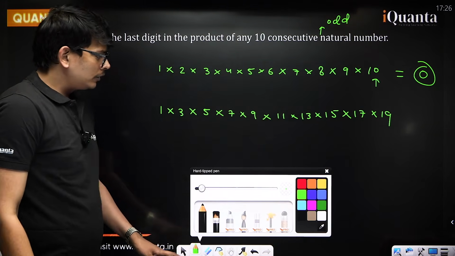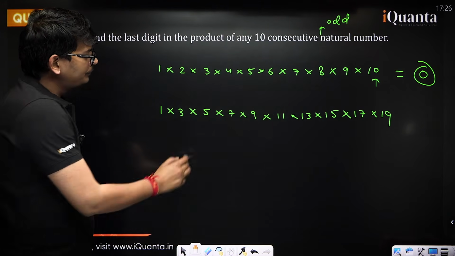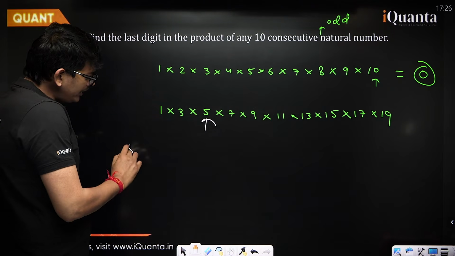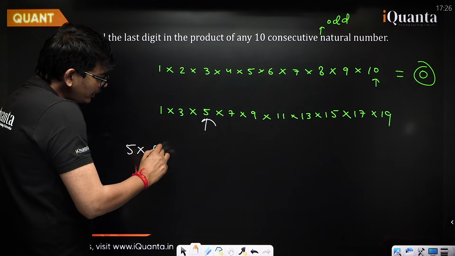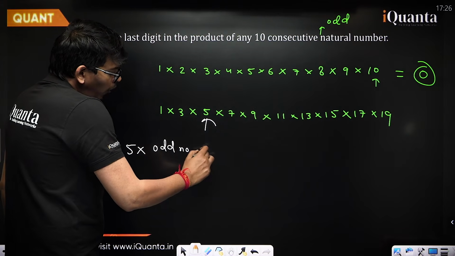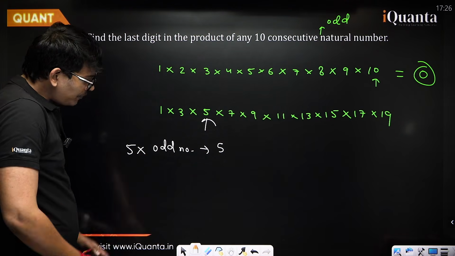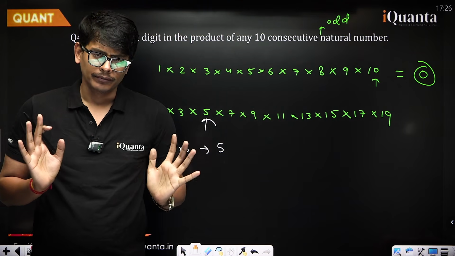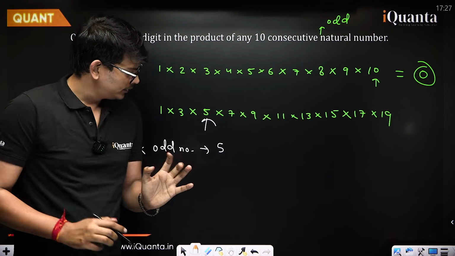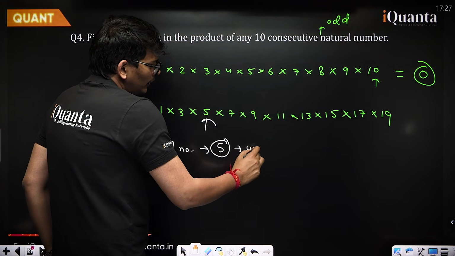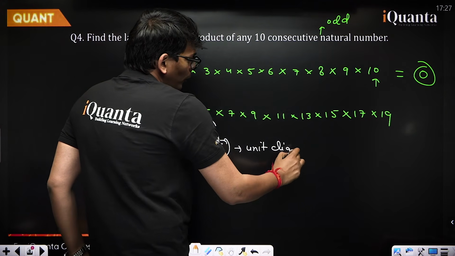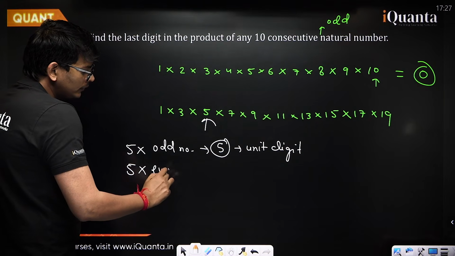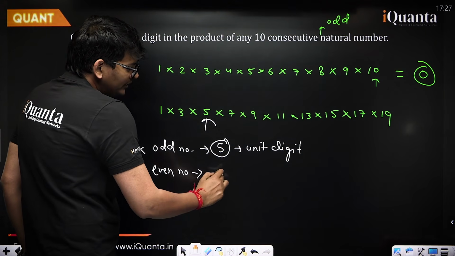Now if you observe, this number ends with 5. This number ends with 5. Now 5 into an odd number always ends with 5. If you multiply any odd number by 5, you will always get 5 as the unit digit. And observe this thing: if you multiply 5 with any even number, you will get 0 as the unit digit.